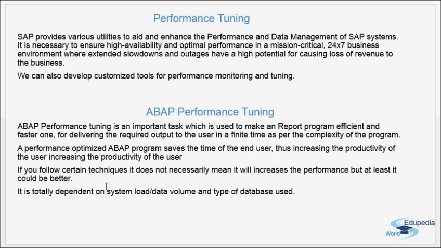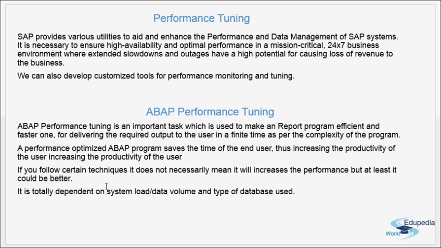We can also develop customized tools for performance monitoring and tuning. So apart from the tools which are provided by SAP, we can even develop our own tools for performance monitoring and tuning. One such example is IBM, which has come up with some tools, known as the SAP MATE tools.